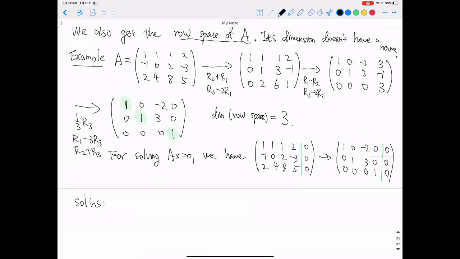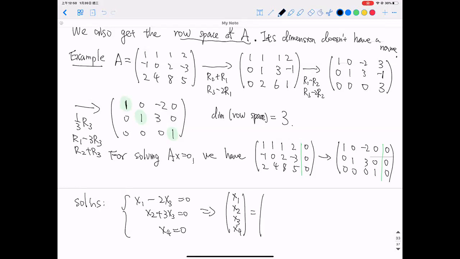What are the solutions? Or rather, the equations are x1 minus 2x3 equal to 0, x2 plus 3x3 equal to 0, and x4 equal to 0. Okay, so that's saying x1, x2, x3, x4 is equal to 2x3, minus 3x3, x3, 0.